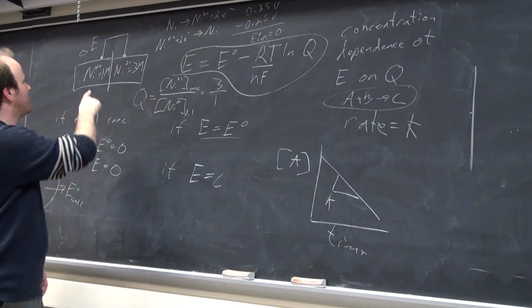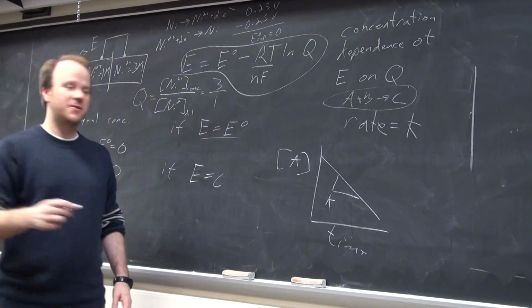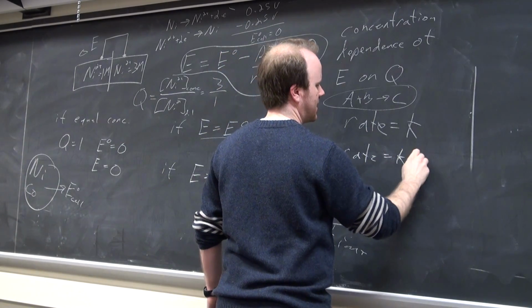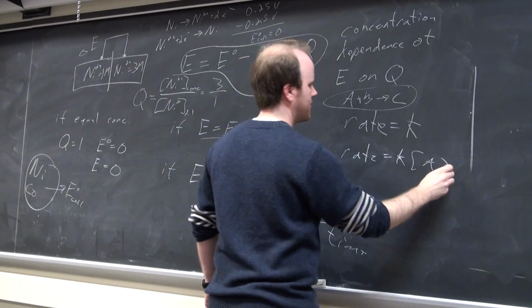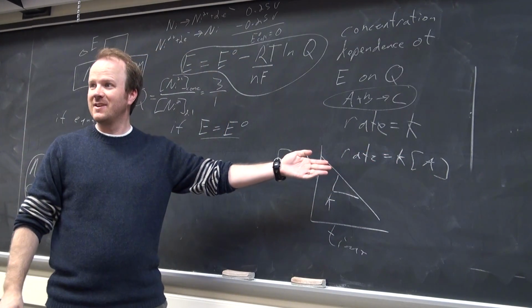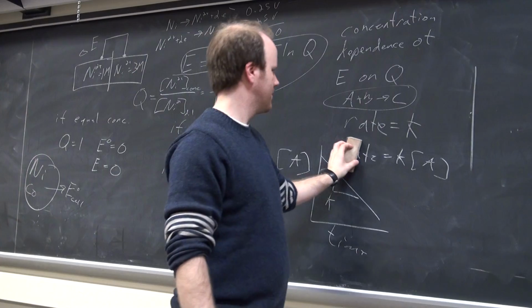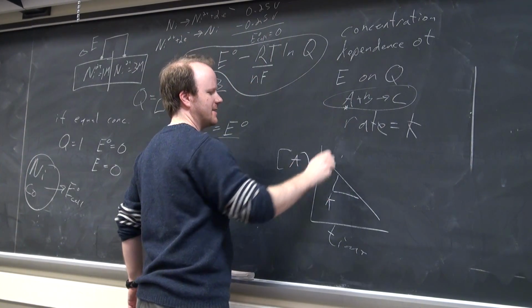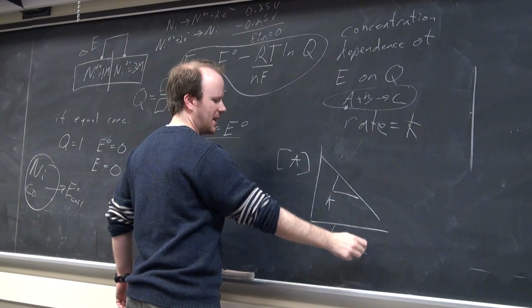So in this one, when we have a second order or a third order, rate equals k times, there's no time. There's no time in this expression either, right? So we know that we're going to use up A as a function of time. So A goes down as a function of time.